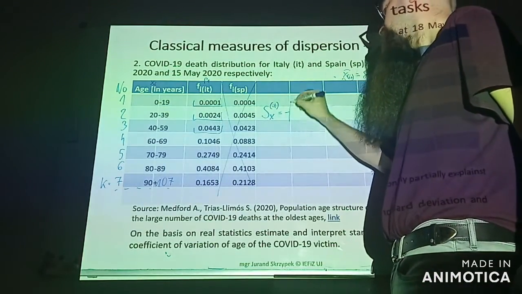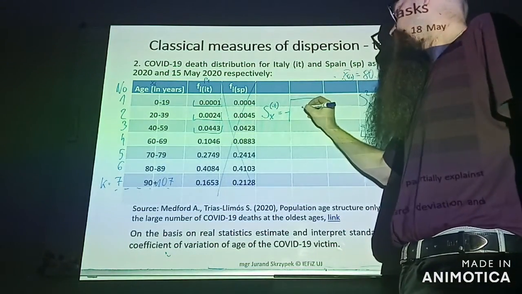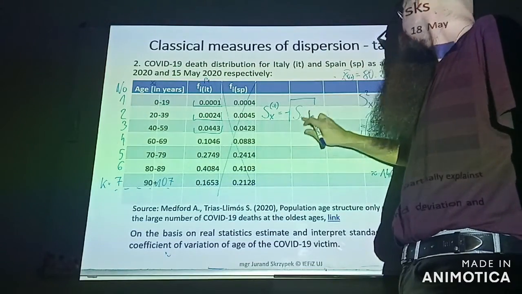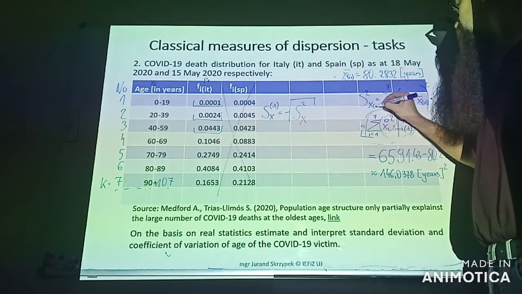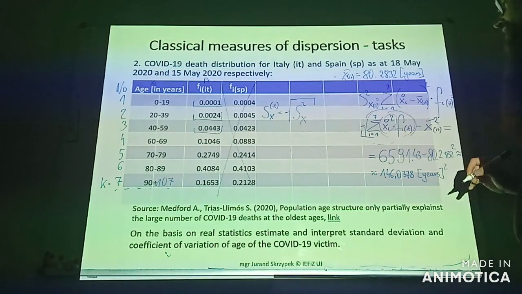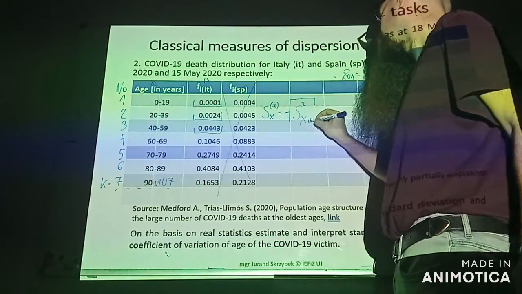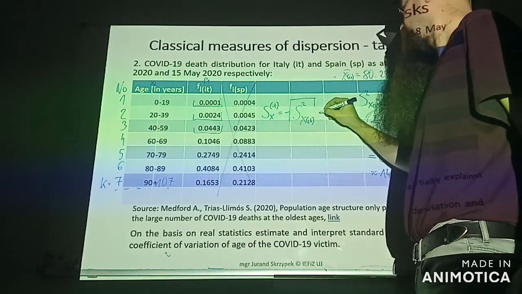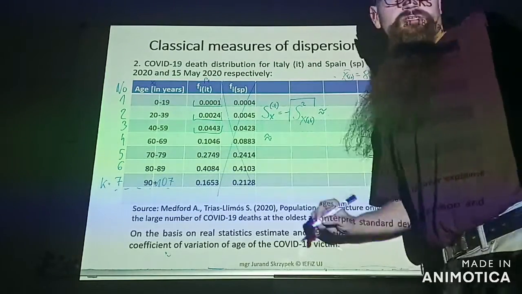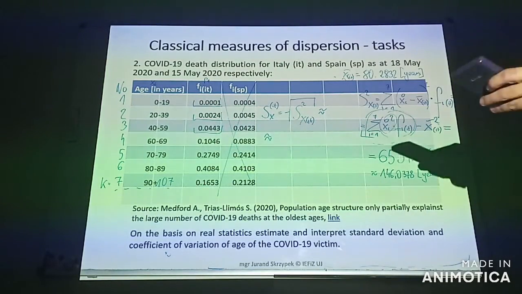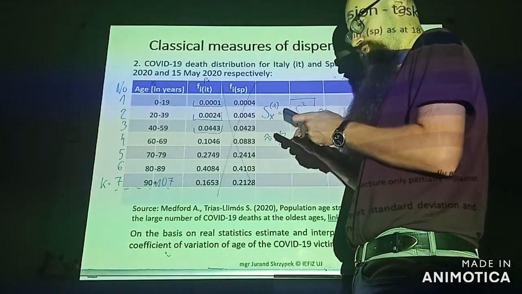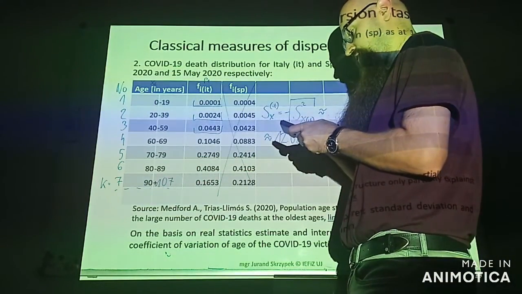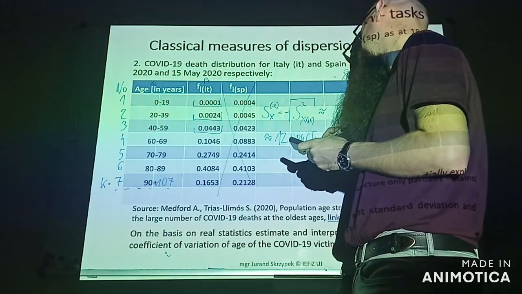This is the root of variance. Yeah? Here I have the suffix IT, which indicates Italy. So the final result is 12.0846 years.